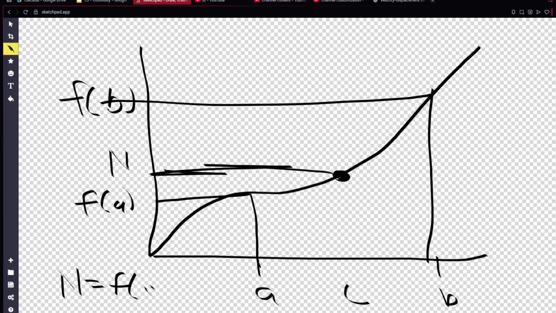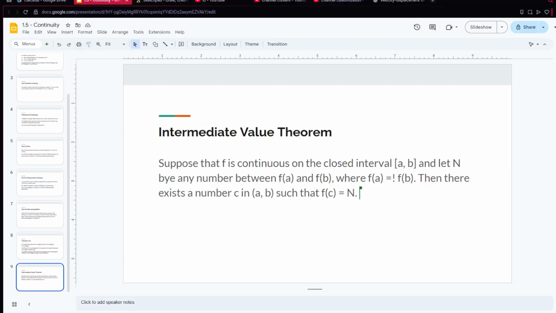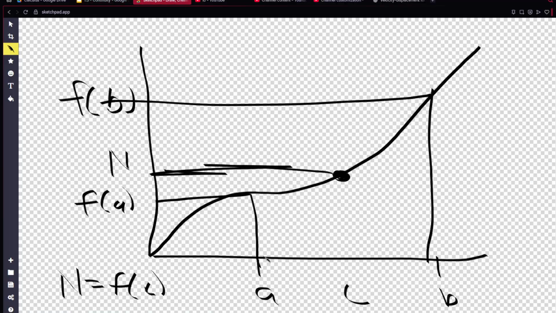That's pretty self-explanatory because this is continuous, meaning that any number here should exist, and that's basically what it's saying: any number between these two outputs, on a closed interval, has to correspond to something in the inputs, kind of like the precise definition of a limit, but a little bit different.